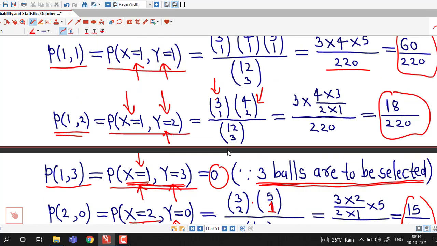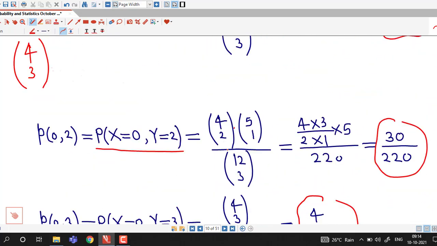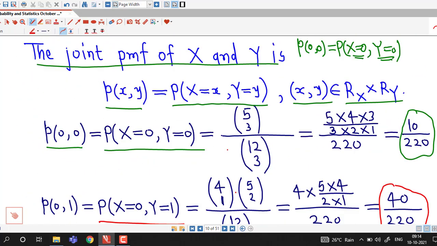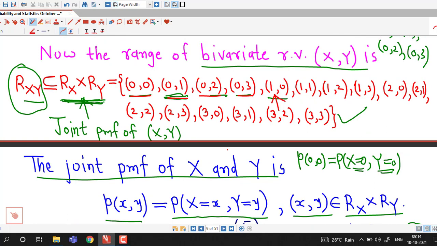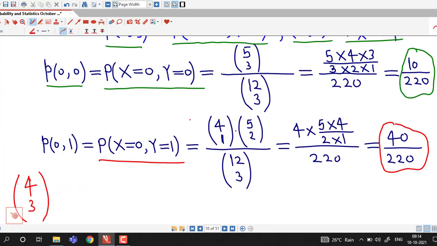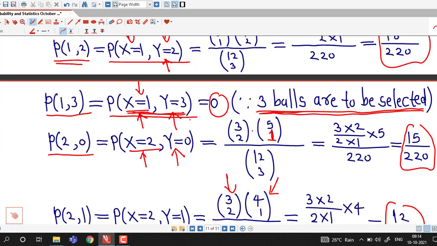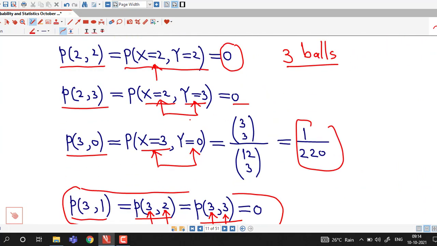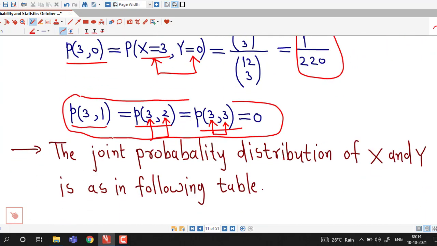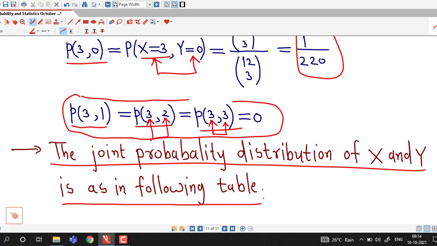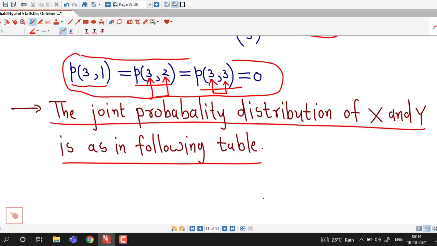So in this way we can calculate the value of joint probability mass function at each of the points in this set. Now the joint probability distribution is listing all these values in the form of a rectangular table, and we are able to write down the joint probability distribution of X and Y, which is in this table.